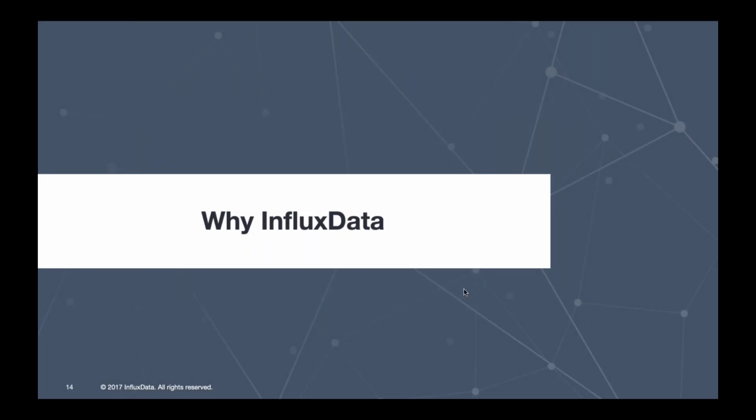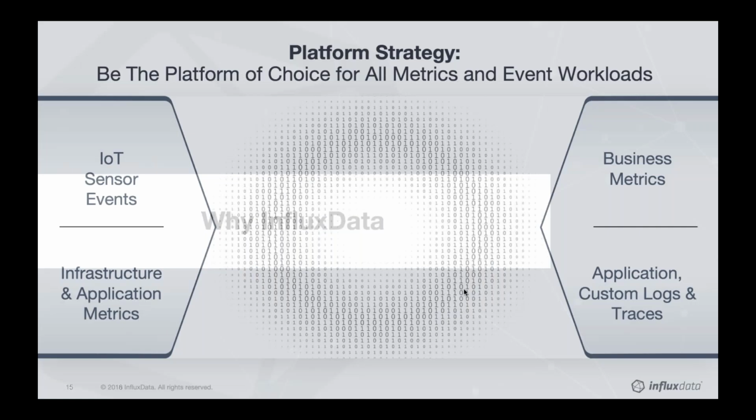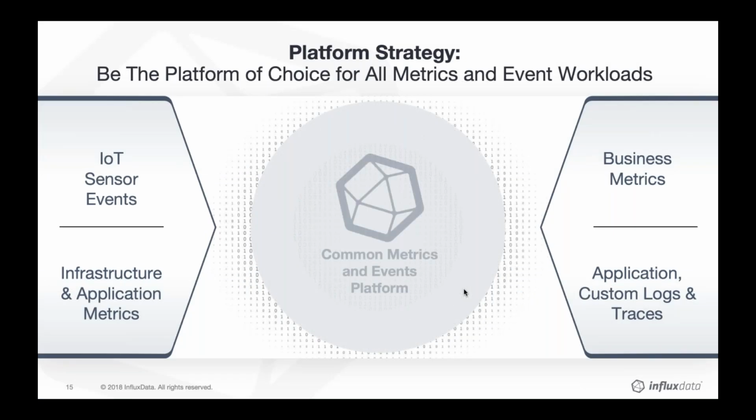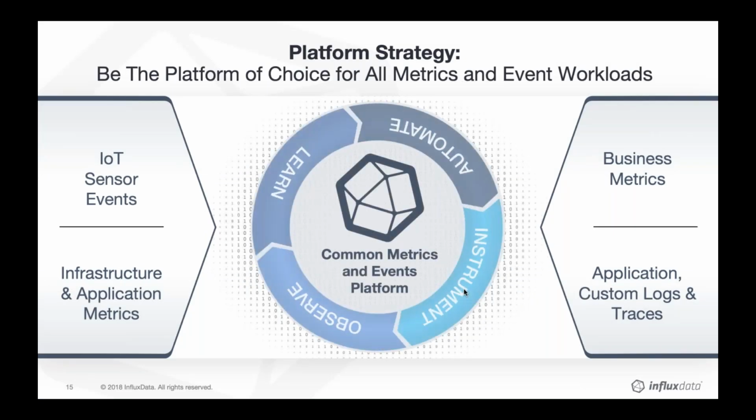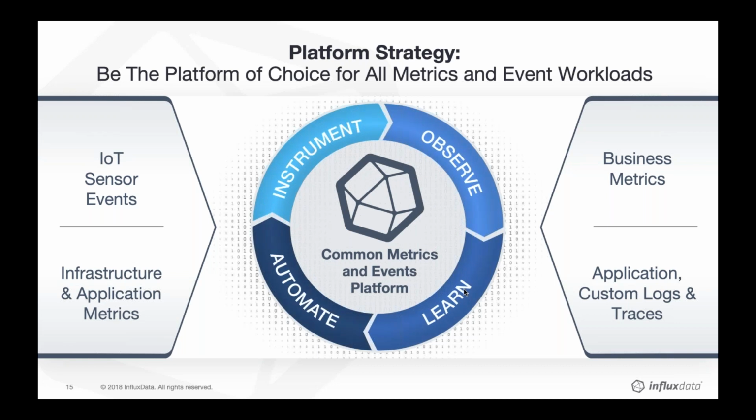So why does InfluxData enjoy so much attention and is the preferred choice? Here is what we call a platform strategy. When InfluxDB was designed, it was designed taking into consideration the driving forces that are generating time series data: where they're coming from, in which format, in which way they are being collected.